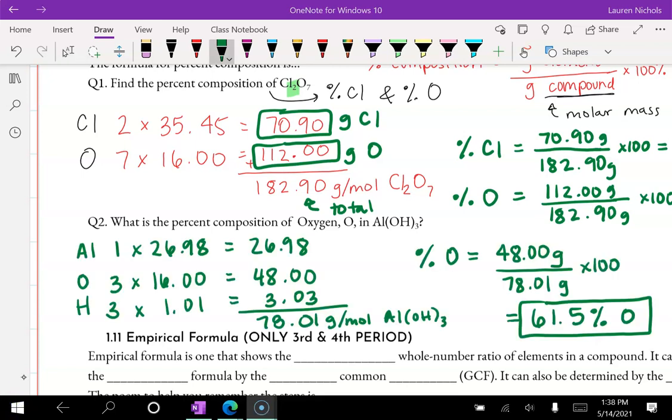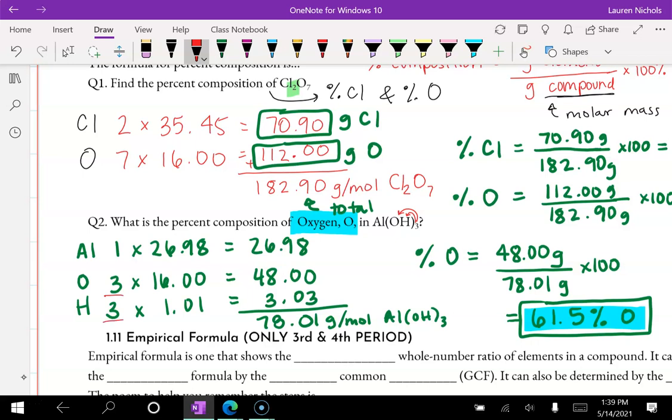Okay, now that you've pressed play, you should have worked out your problem. One thing you want to check is that 61.5% oxygen is your final answer, because they want to know specifically the percentage of oxygen, not aluminum and not hydrogen. If you didn't get that, the most common mistakes are potentially not multiplying your 3 for your subscript to both oxygen and hydrogen.